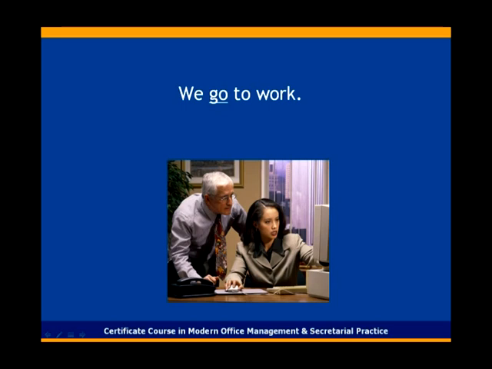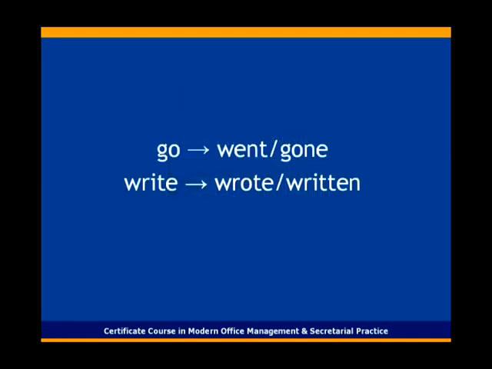If we were to change this sentence to the past tense, we would say, We went to work. Therefore, we can say that the actual past tense form of the verb go is went or gone, and in the same way the verb write becomes wrote or written in the past tense.